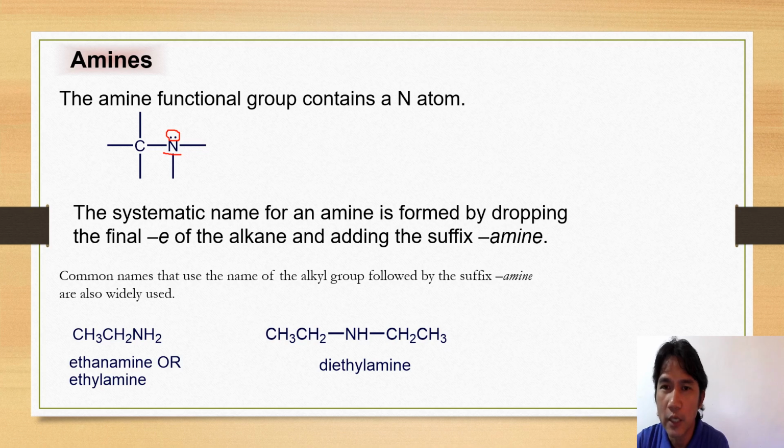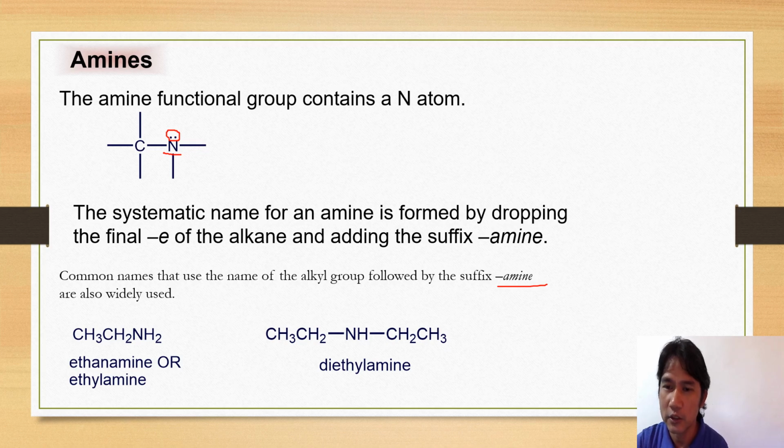So amines, since they are basic, they can accept acid, they can react to acid, or they can participate in acid-base reaction. So again, to name amine, you just add the suffix amine after the root word.